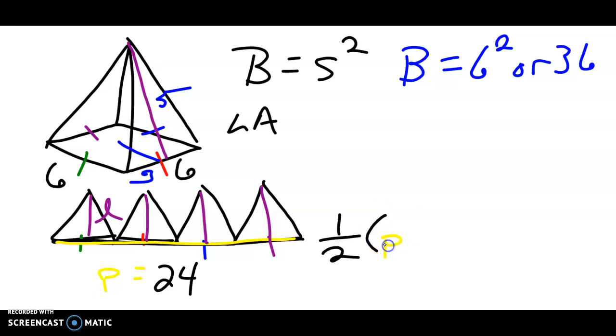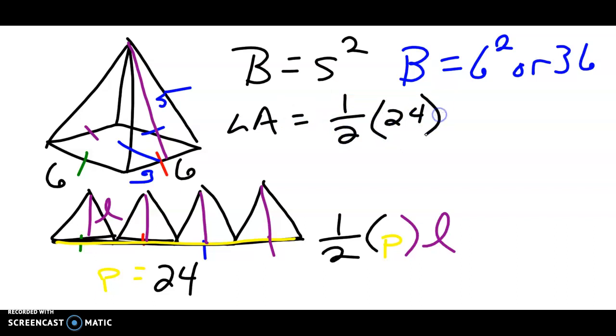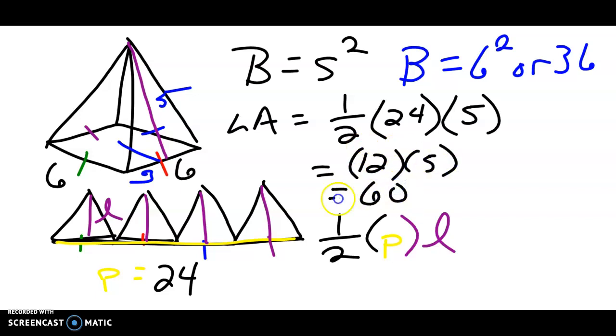So then we're going to put the perimeter in there times the slant height. And that's going to give us our lateral area. So lateral area is going to be 1/2 times the perimeter of 24 times the slant height, which is 5. So 1/2 times 24 is 12 times 5, which is going to be 60. So our lateral area is going to be 60.